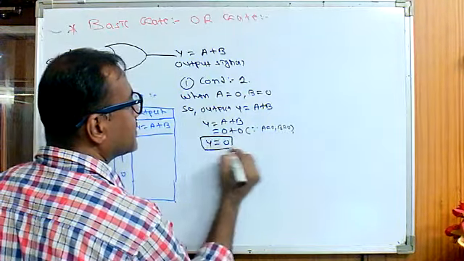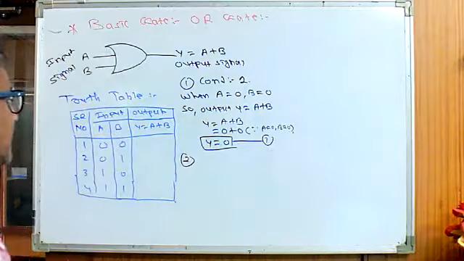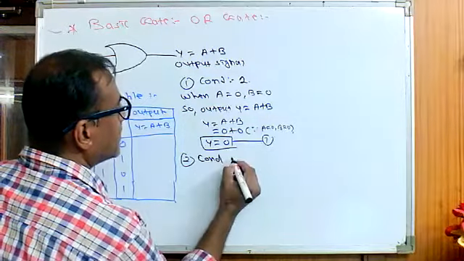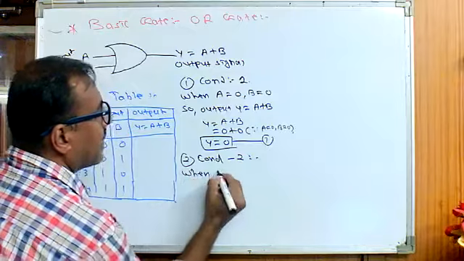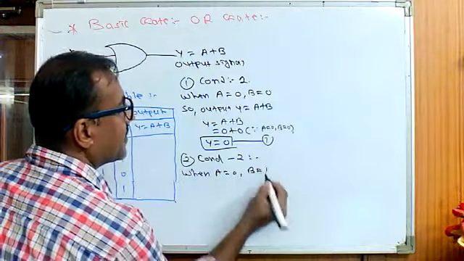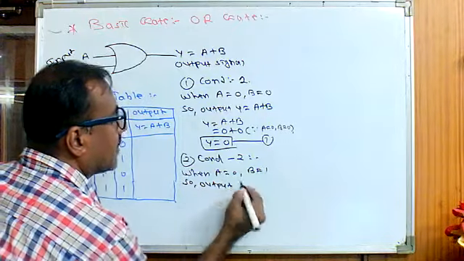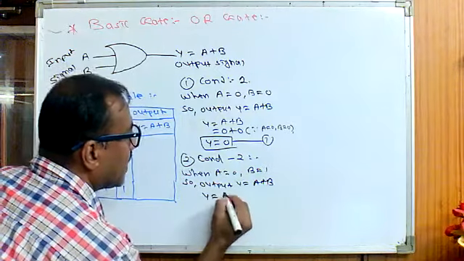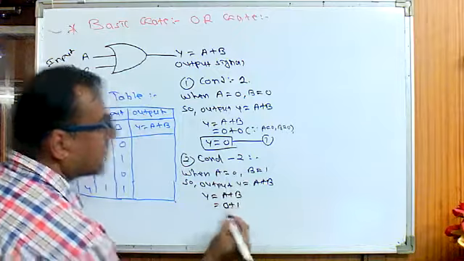The first condition is done. Second condition: when A is equal to 0 and B is equal to 1. So the output Y is equal to A plus B, meaning 0 plus 1.